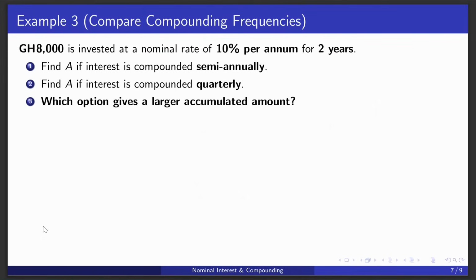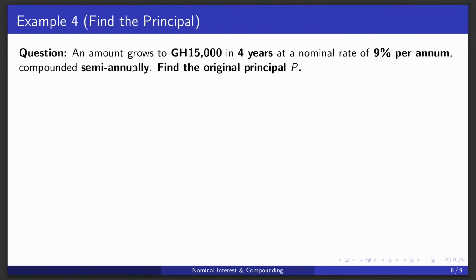So question 4. An amount grows to 15,000 cedis in 4 years at a nominal rate of 9% per annum, compounded semi-annually.